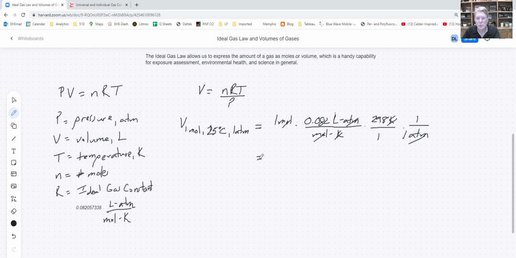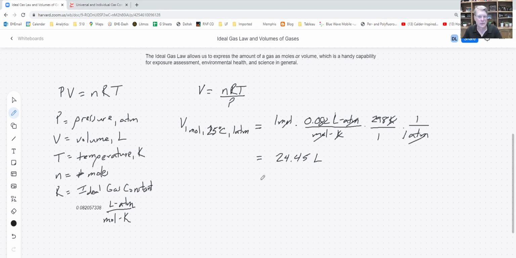So if we pull out our calculator and we use not 0.082 but the full string down here, 0.082057338 for the gas constant, and multiply that by the 298 Kelvin, we will get 24.45 liters. What does that mean? It means 1 mole of gas at 25 degrees Celsius and 1 atmosphere, in other words normal temperature and pressure, has a volume of 24.45 liters.